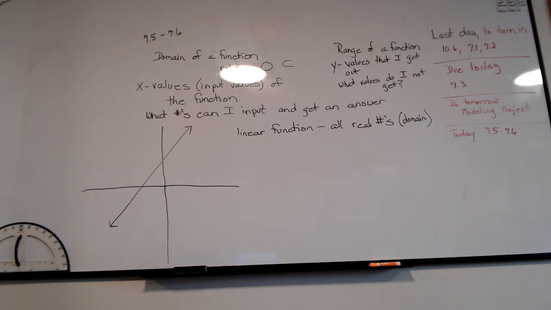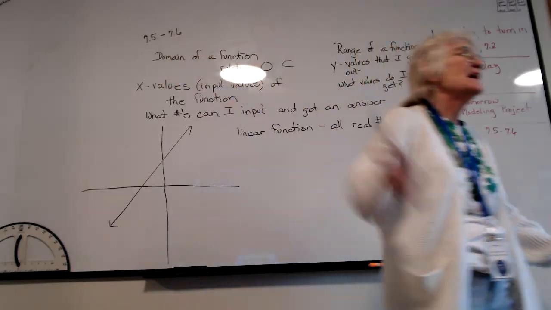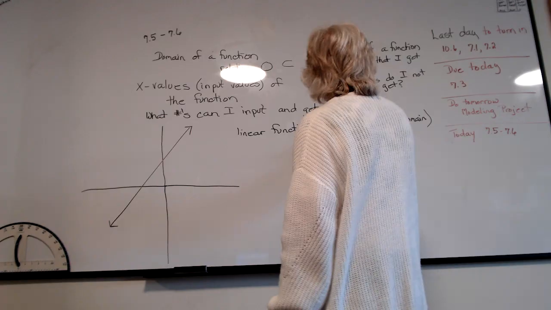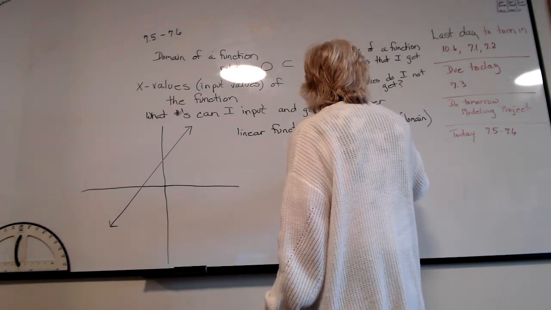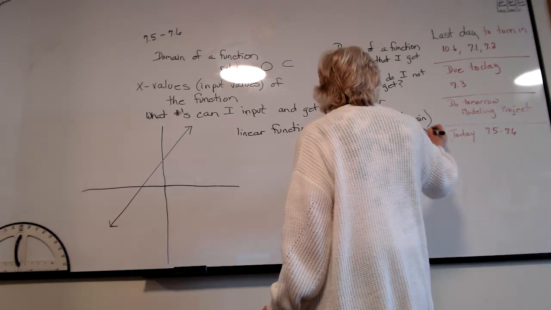So what kind of numbers do I get? Is there any limit to these numbers? If you think about the y's, is there any number I can't get as an output? It would be all real numbers too. Everything I can get out, there's no limitations, so that's its range.